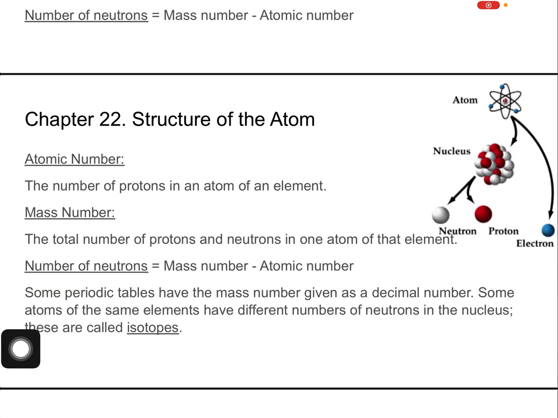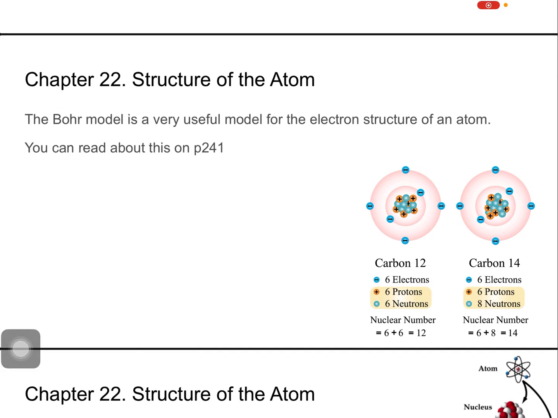So we were looking at the structure of an atom, and here we are with carbon 12 and carbon 14. We can see here they both have a different nuclear number because they have a different amount of neutrons in the nucleus. So 6 neutrons here and 8 neutrons here.